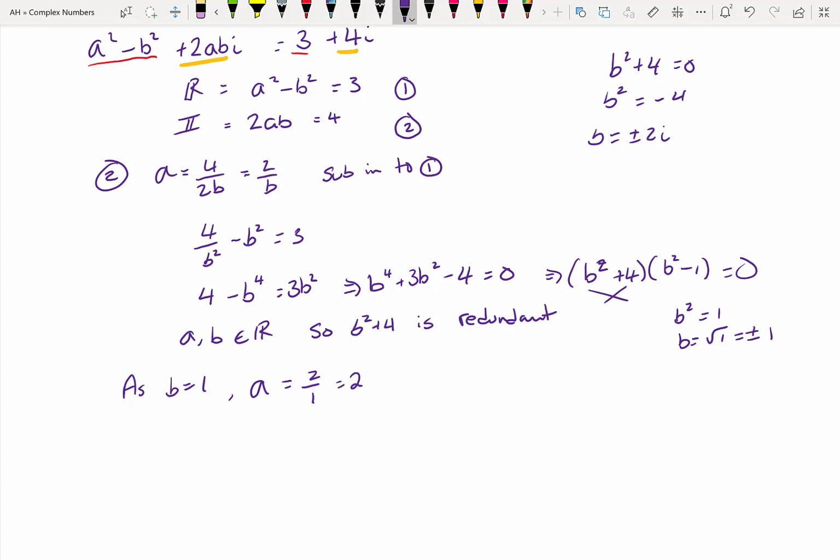And again, that's going to be the step that's going to cause us the problem. Most of us are going to get this first bit. The thing that's going to cause us the issue is going to be the next part. So we need to make sure that we remember and include it. So we've got our first value for b equals 1. Next one then, if b is equal to minus 1, a is equal to 2 over minus 1, which equals minus 2.